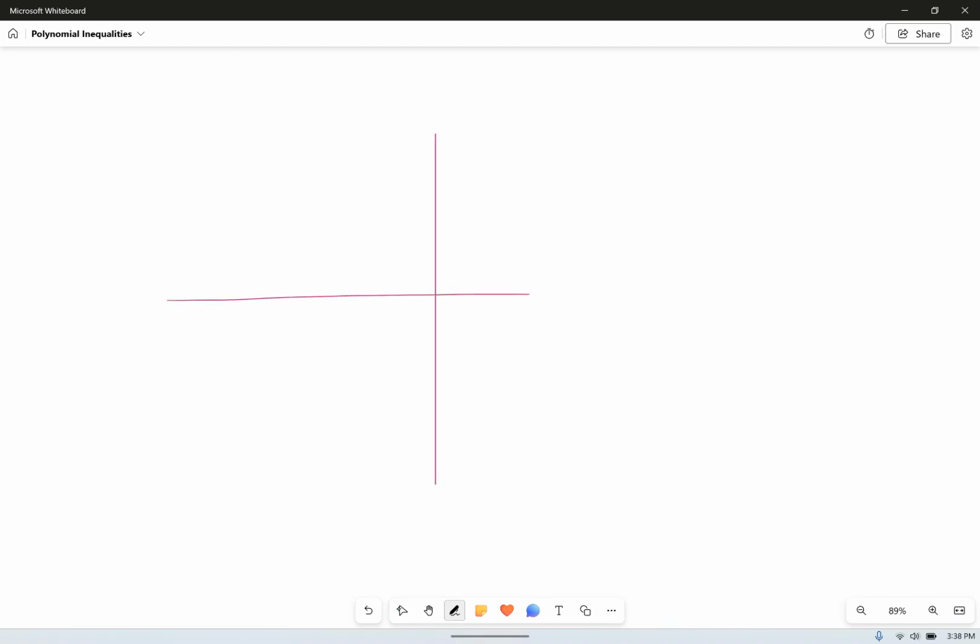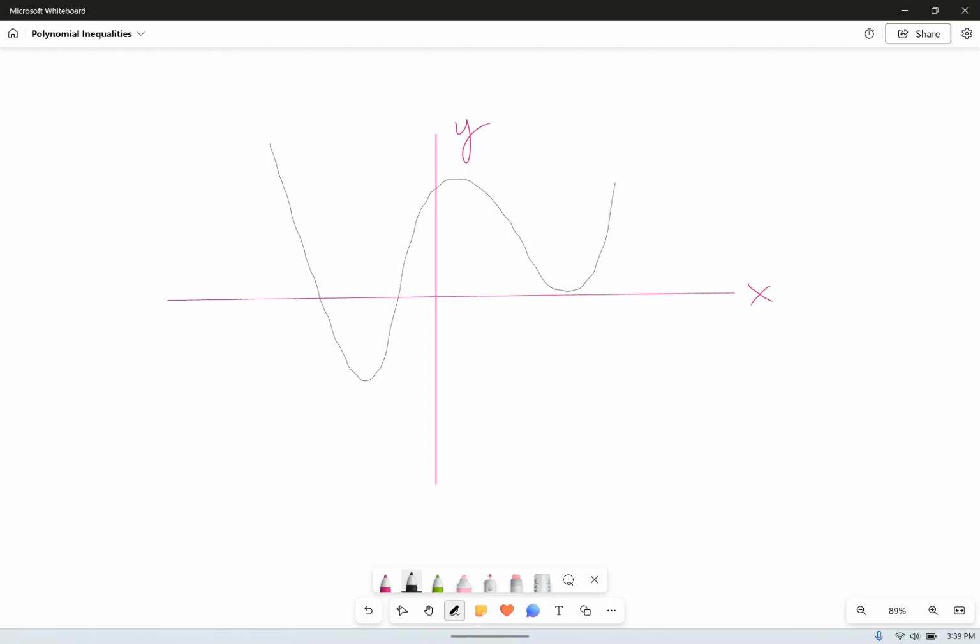Let's see. So let's take this being our x and y axis. This is our x and this is our y axis. And we have a given polynomial graph, and this is me randomly sketching one. So let's say this was the polynomial that I sketched.